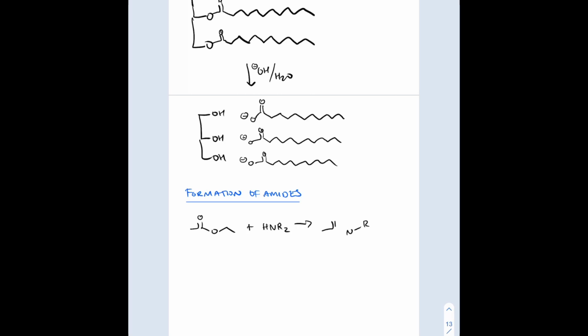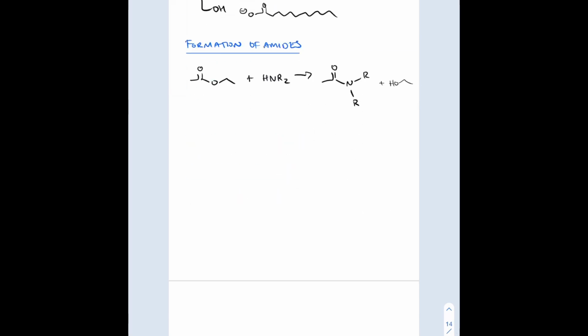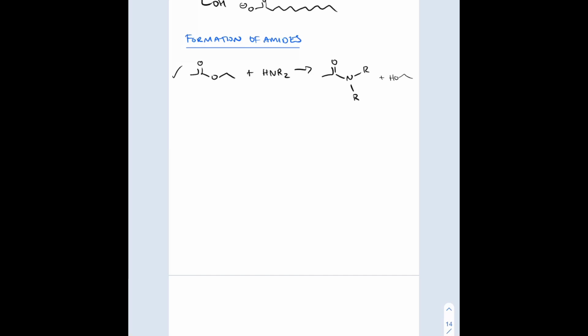No, don't do that. So, formation of amides. Amides can be made in a number of different ways. Since we're on the topic of esters, the ethoxide leaving group in this case is actually a better leaving group than the amide, and so the nitrogen nucleophile can actually come in and attack and force that out, just like any other nucleophile that would have come in.